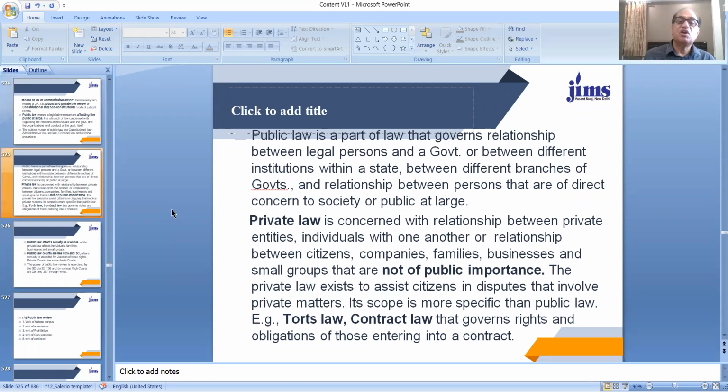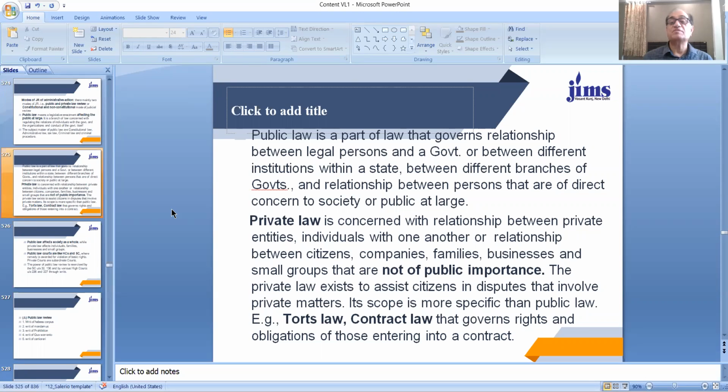Dear students, public law is a part of law that governs relationship between legal persons and a government, or between different institutions within a state, or between different branches of the government, and relationship between persons that are of direct concern to the society or public at large.